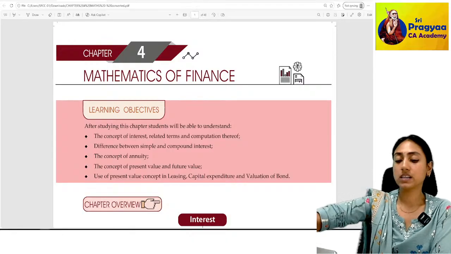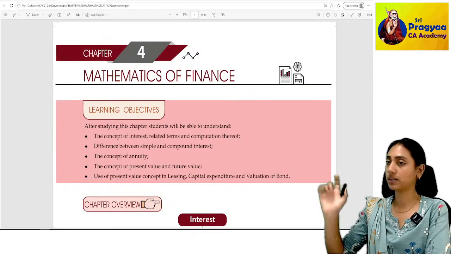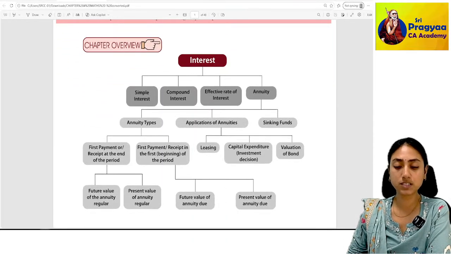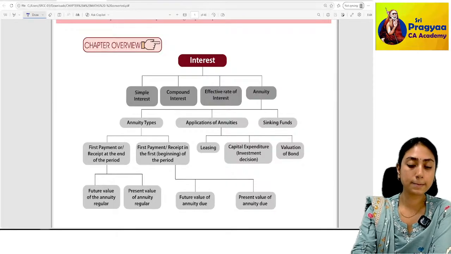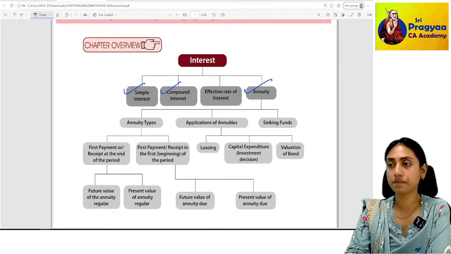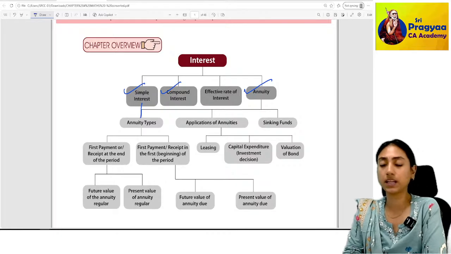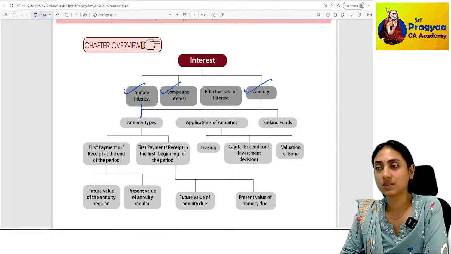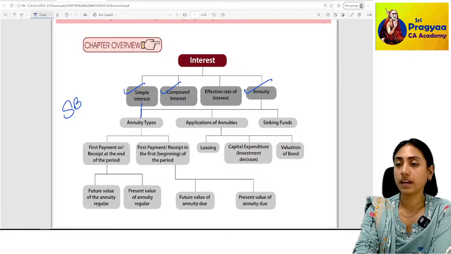This chapter, Mathematics in Finance, has a couple of concepts such as simple interest, compound interest, and then annuity. What is simple interest? Where is it used? Your interest rates to calculate your SB interest, FD interest.